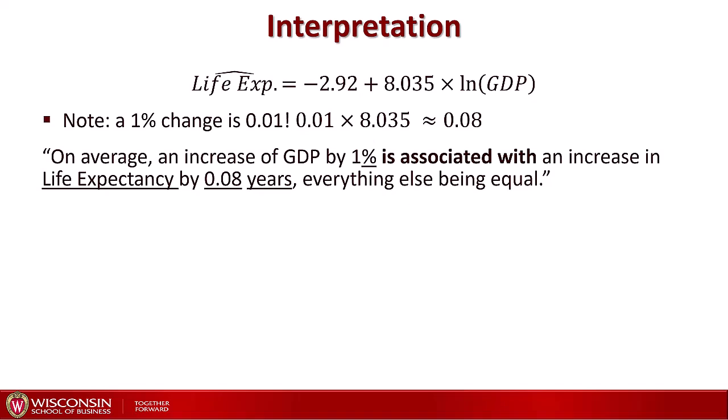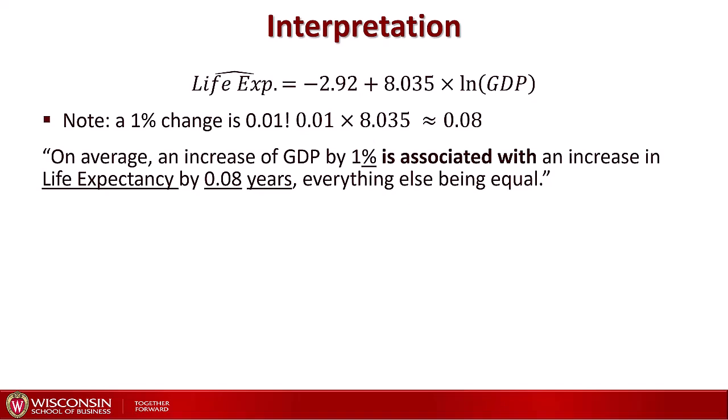So we get approximately 0.08. Our interpretation will be, on average, an increase of GDP by 1%, so that's 0.01, is associated with an increase in life expectancy by 0.08 years, everything else being equal.